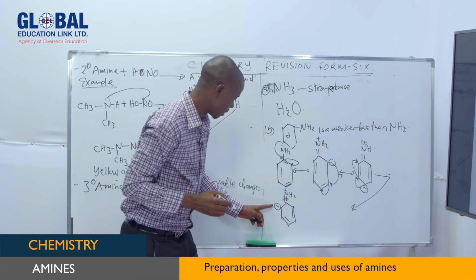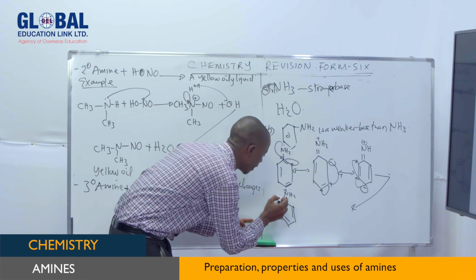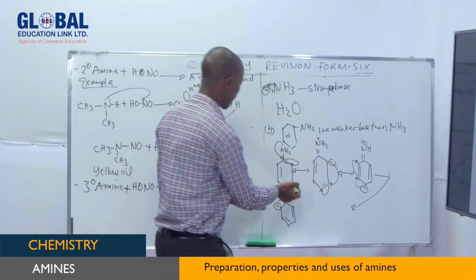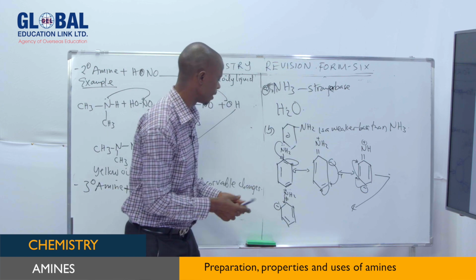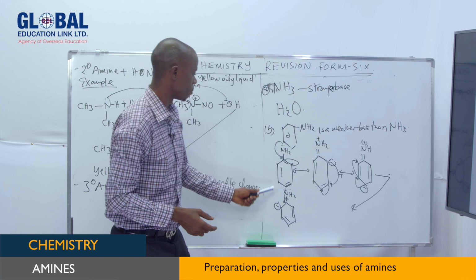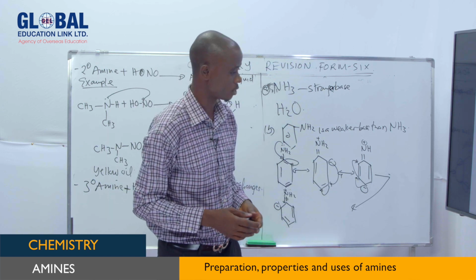Yes. From here, it can come back here and come back here as well. So it will return to its normal. So you can see there. That's why we say that in aniline, the lone pair is not available because it is involved in mesomerism. So that is very simple to explain, my dear students.